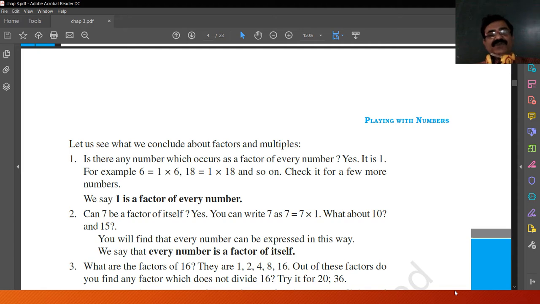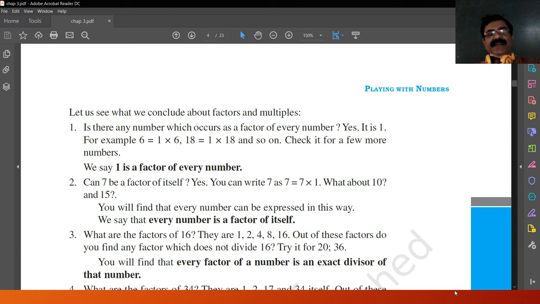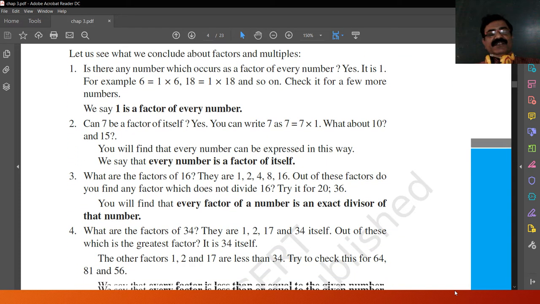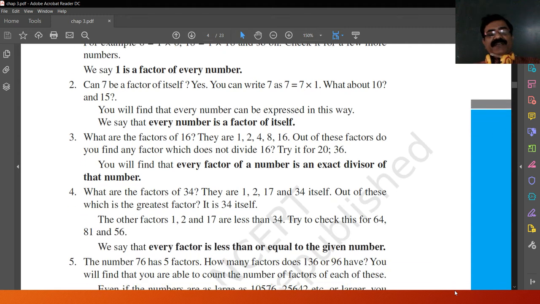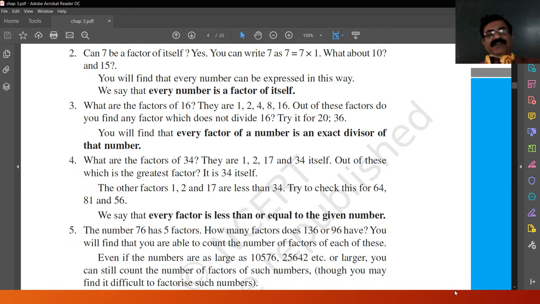So 1 multiplied by any number, we get that given number. So every number is a factor of itself. Every factor of a number is an exact divisor of that number, and every factor is less than or equal to the given number.